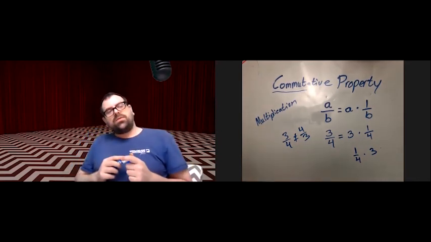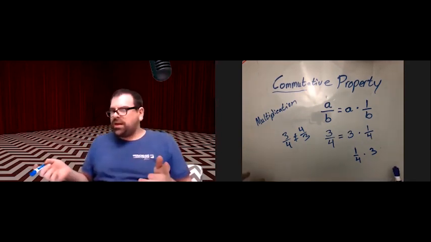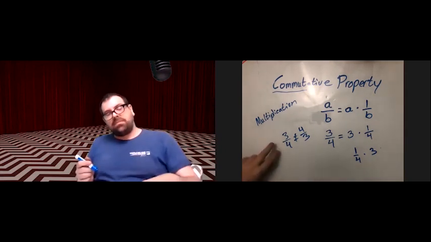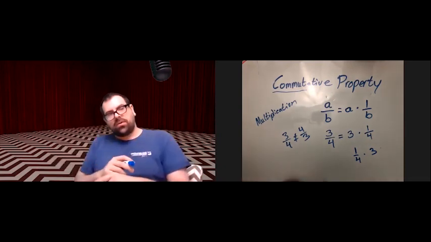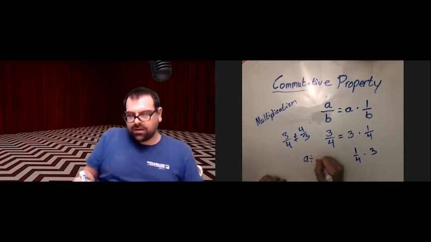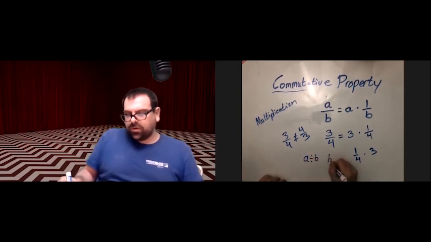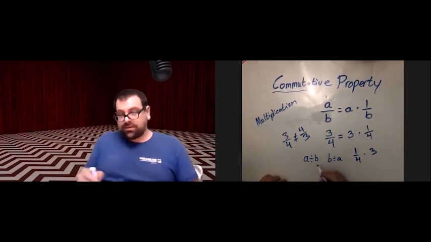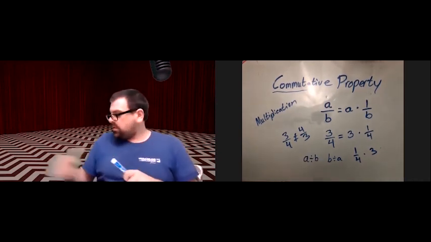So that begs the question, wait a minute, if we don't have a commutative property of division, what happens when we divide in the other order? Dividing in the other order is the same as reciprocal.